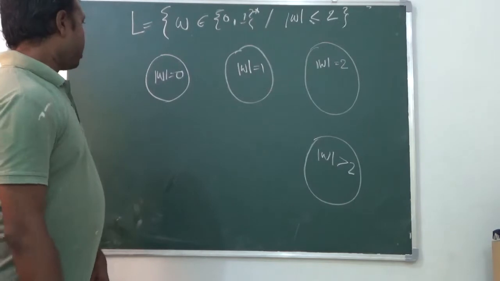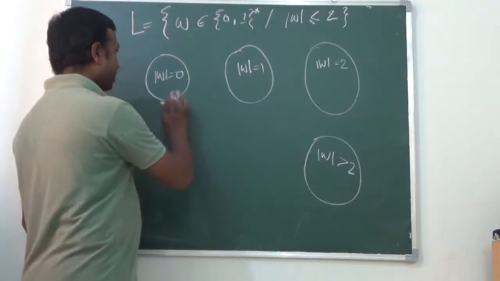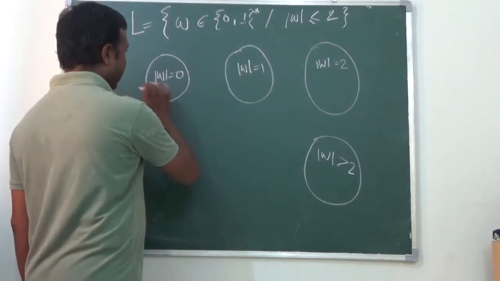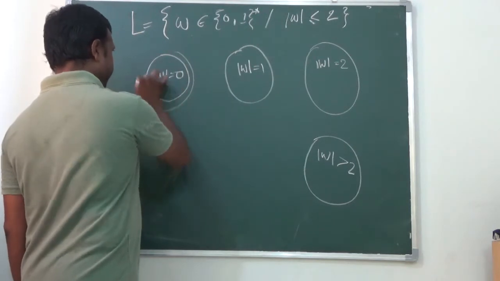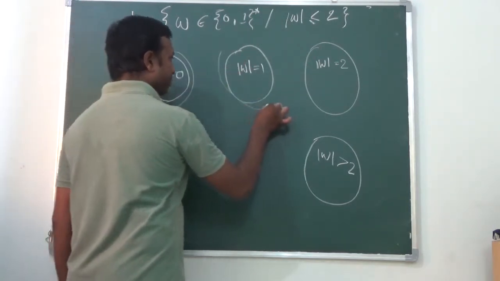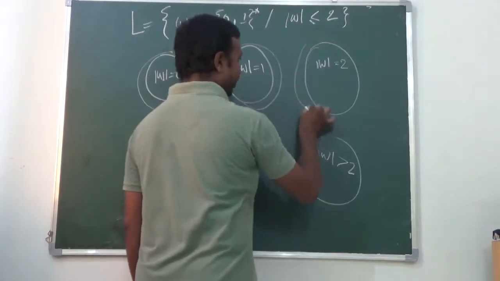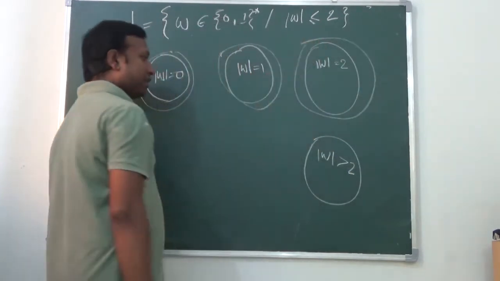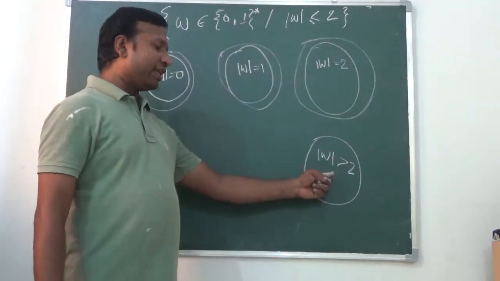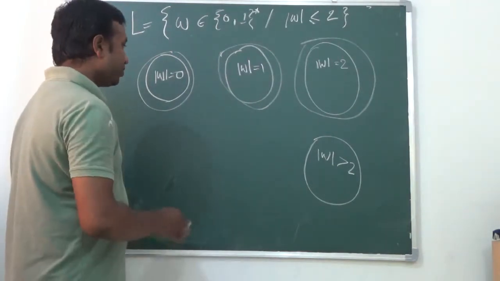So I should accept everything having the length 0, 1, and 2. But we should reject everything whose length is greater than 2.